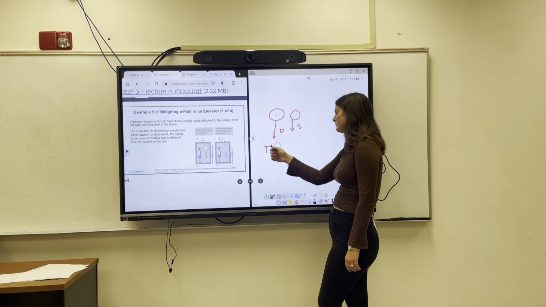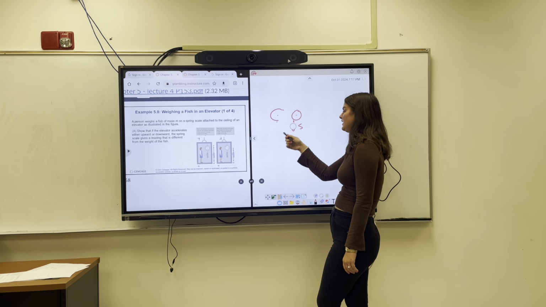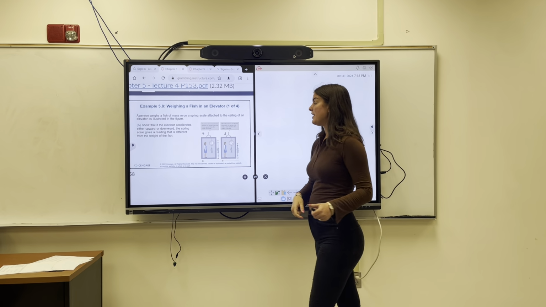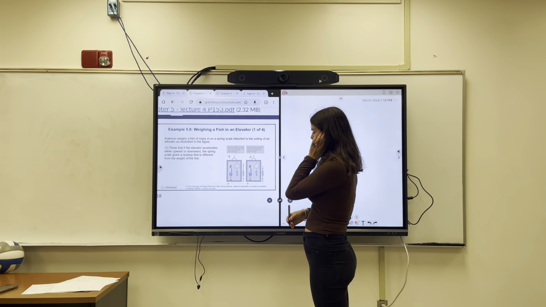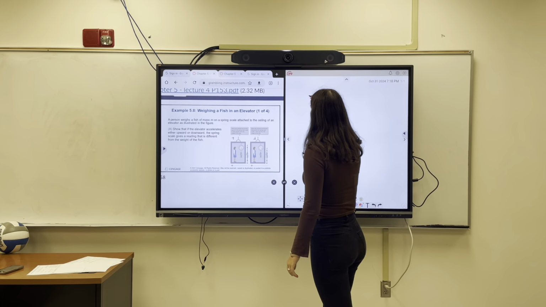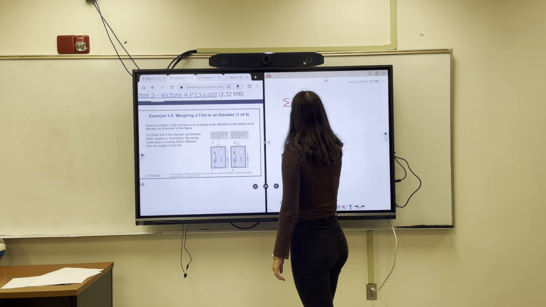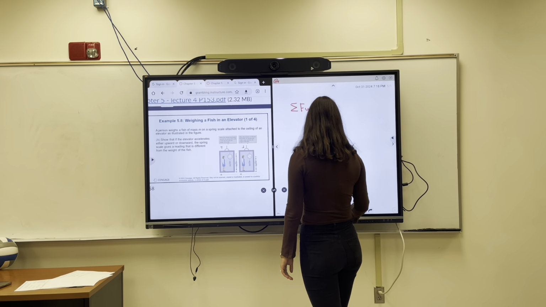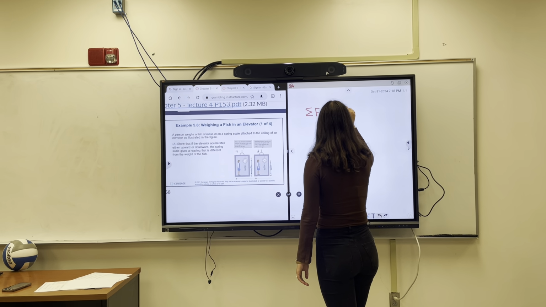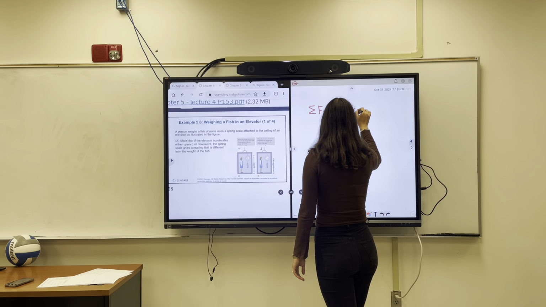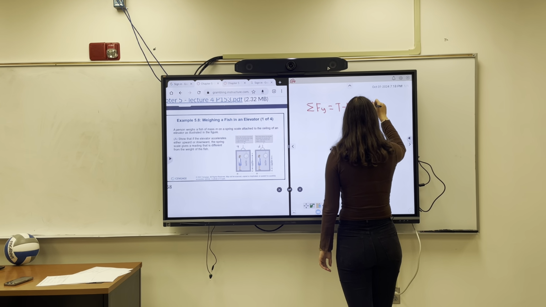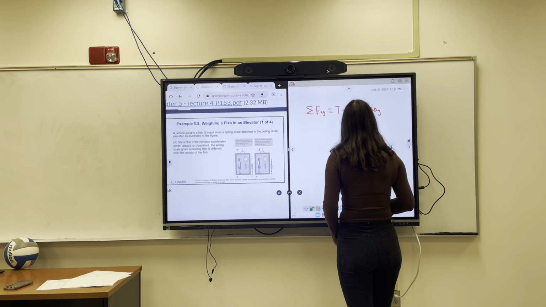But that's not the whole point of this. This is just picturing how those things function. So let's go to the example. We can go with the summation of the forces, where we know that T minus Fg equals may.